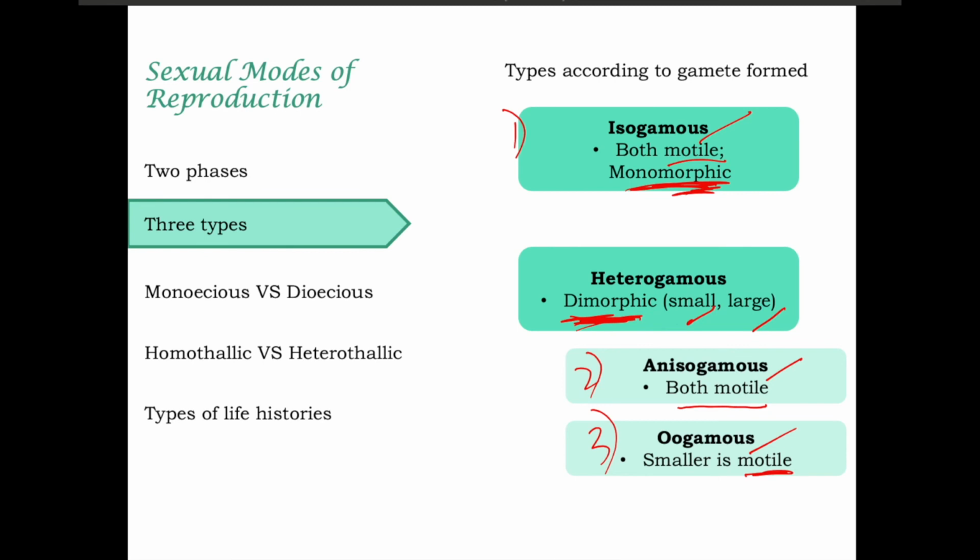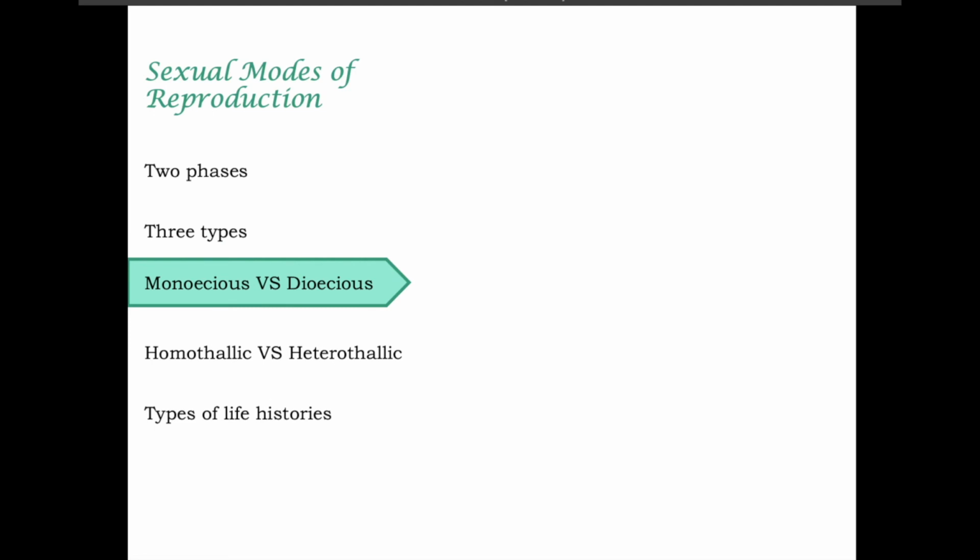Next, we need to discuss the difference between monoecious and dioecious. In the realm of algae, when you say monoecious, the two types of gametes may be produced by the same individual. These are usually common in anisogamous and oogamous reproduction.